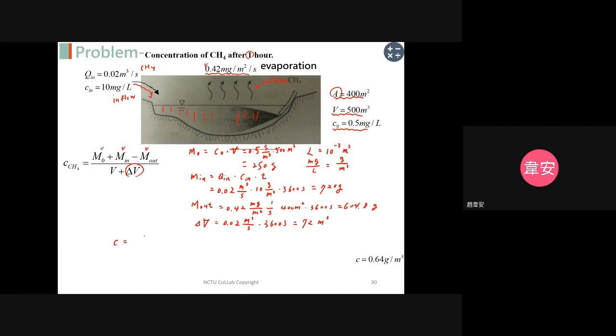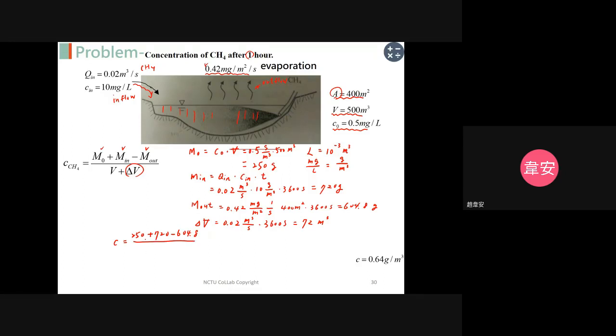So right now we can compute the concentration after 1 hour. So M0 is 250 plus M in, which is 720, minus M out, which is 604.8, divided by the total volume.